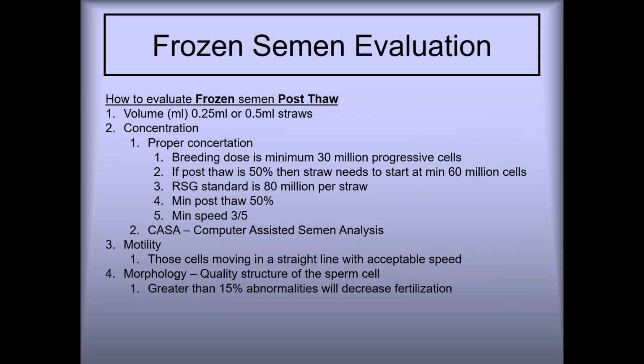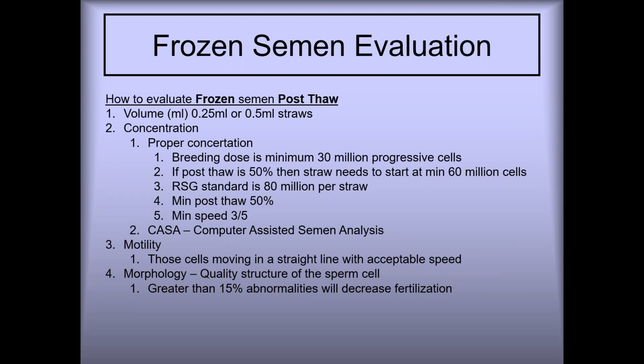So this is going to overlap here a little bit on frozen thawed semen. You're typically going to see those either in 0.25 or quarter mil straws, or 0.5, which are half mil straws. You're going to see those two volumes commonly here in the U.S. Again, 30 million live for your insemination dose, and our cutoff is 50% post-thaw.